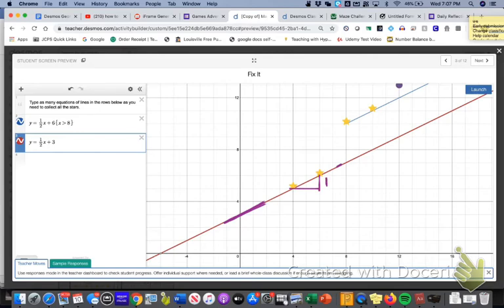My rise was 1, my run was 2, so that helped me to decide that I was going to type in an equation that said 1/2, and then I kind of continued my imaginary line out to see about where it would hit the y-axis for the y-intercept, and it hits it at 3, which is why I decided to do +3. So I am going to see if that works.